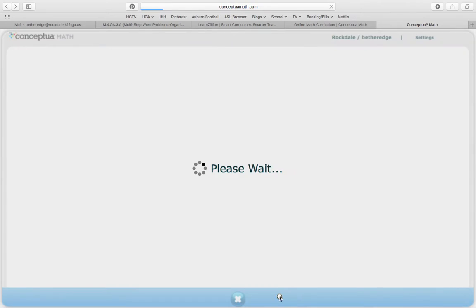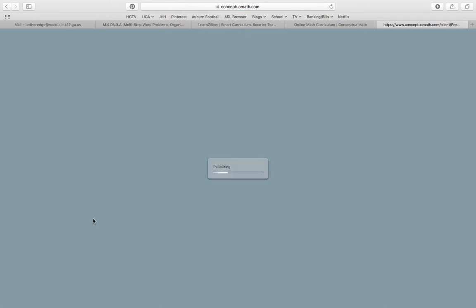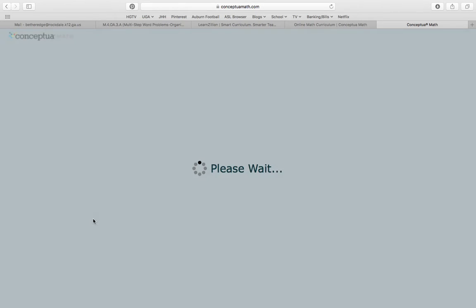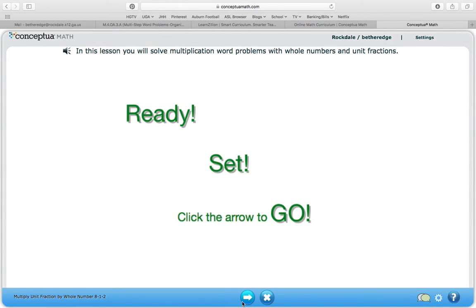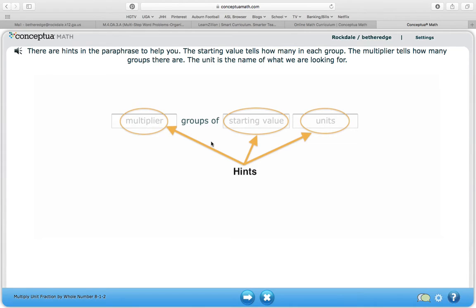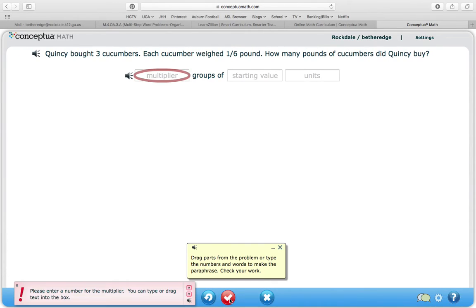So I'm going to log out here really quickly, and I'm going to go into what you're going to see in just a second on your screen. Okay, so when you log in, again, it's going to walk you through the multiplier, starting value, and units. And we're just going to skip through.